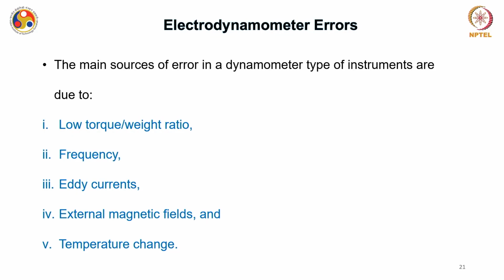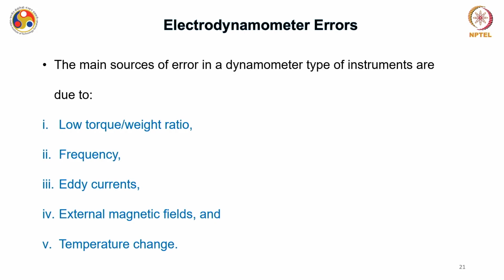Now, we have understood how these electrodynamometers can be converted into different measuring devices, be it measurement of current or measurement of voltage. Let us try to understand the main sources of errors in this dynamometer type of instruments. There are 5 different sources of errors which have been identified.